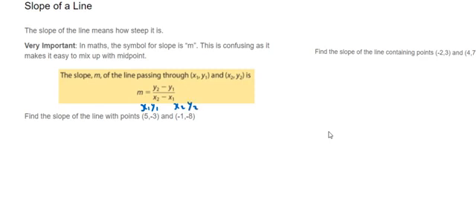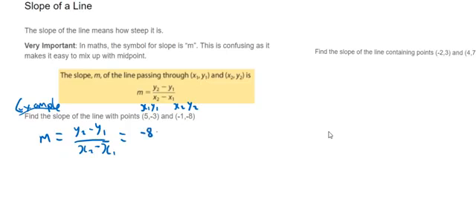So first example, find the slope of the line with points 5, minus 3 and minus 1, minus 8. I'm just going to put these numbers straight into the formula, and it should give me the answer. y2 is minus 8.